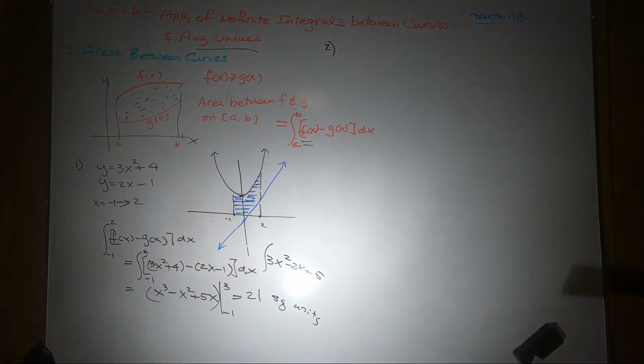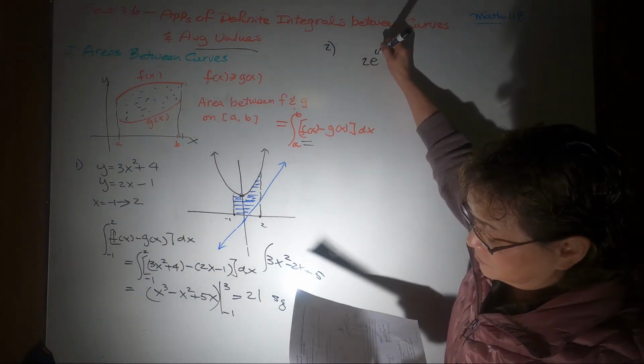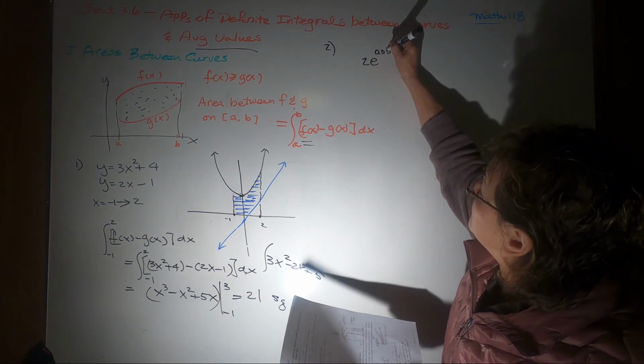If we have this, finding sales from extra advertising. It says a company marketing high-def television sets is expected to sell them at a rate of 2e to the 0.05t.